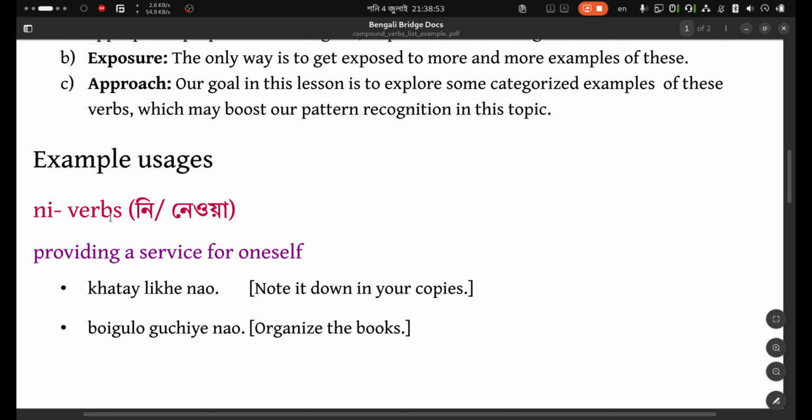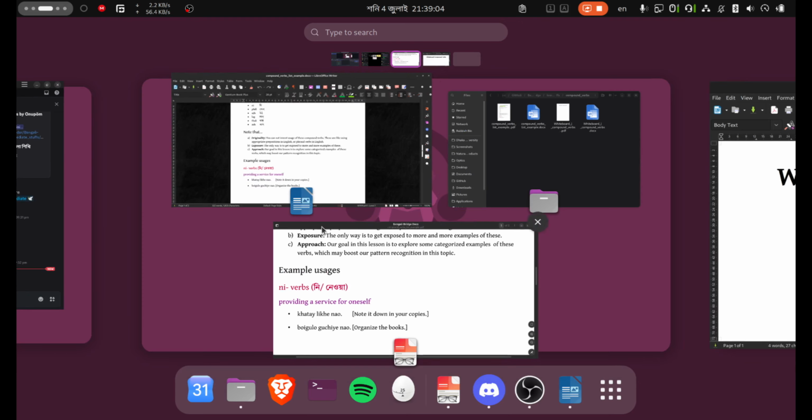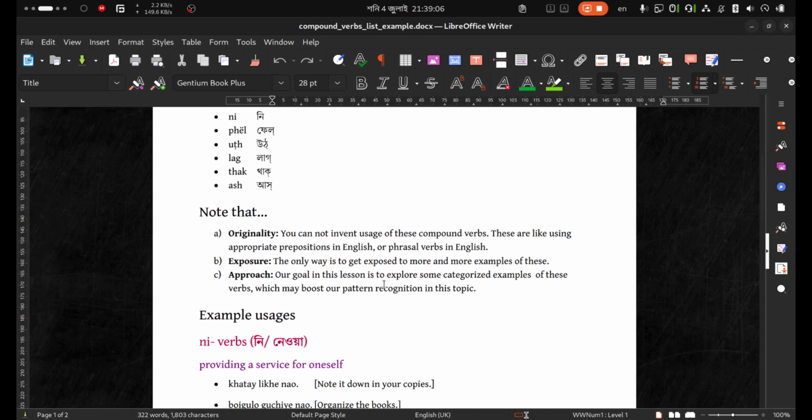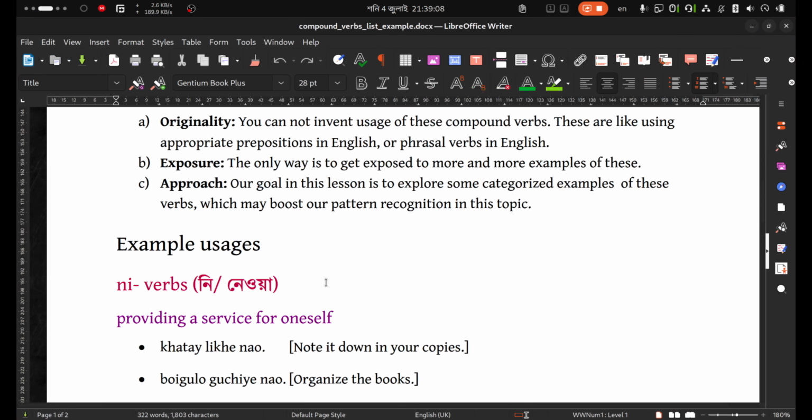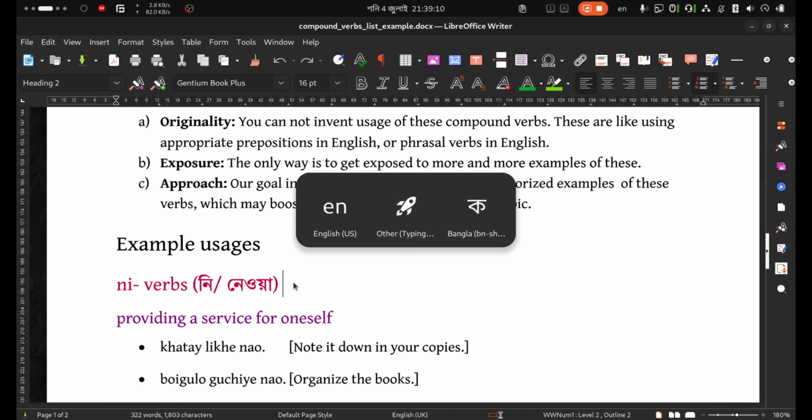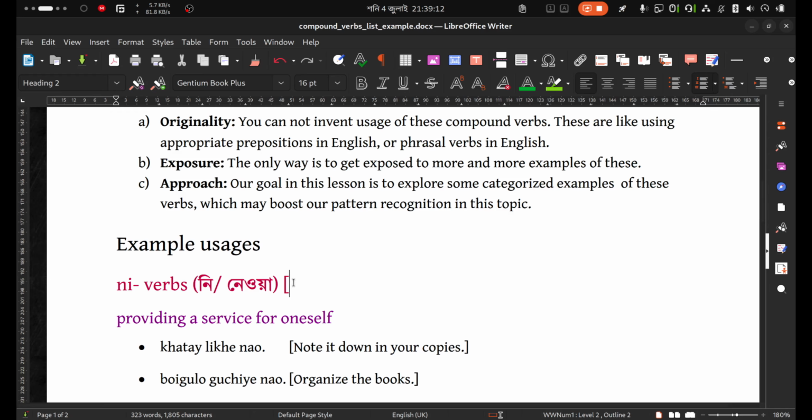The first one is ni verbs. Ni is the verb root, and nawa is the verb. The meaning of nawa is to take. I should have written the meaning here. Wait a bit, I will write the meaning here. Nawa means to take.